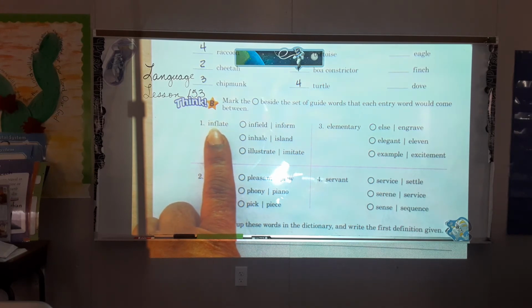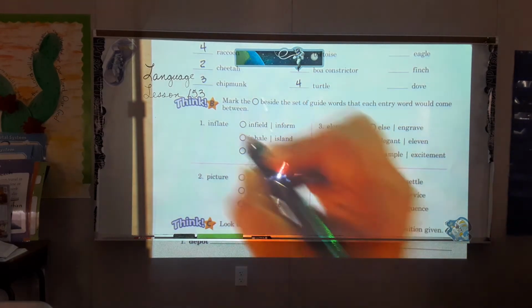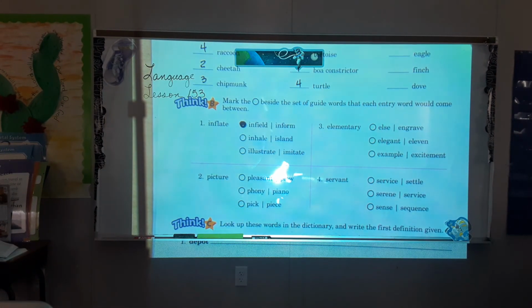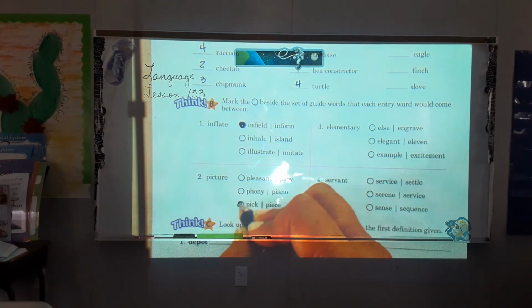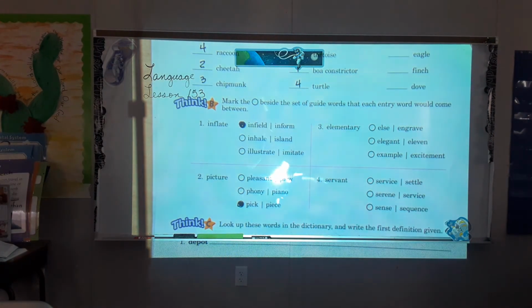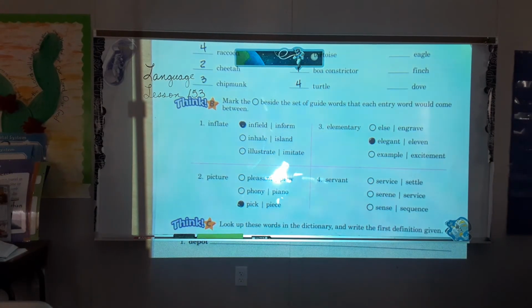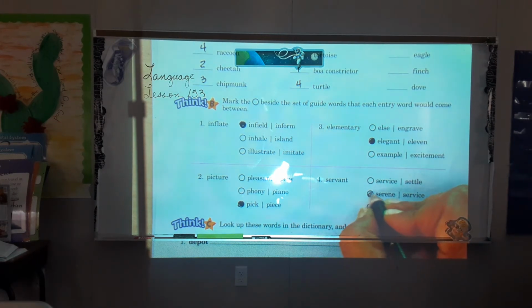So inflate will go here on this page. Number 2, picture will go here. Number 3, elementary will go here. And number 4, servant will go here.